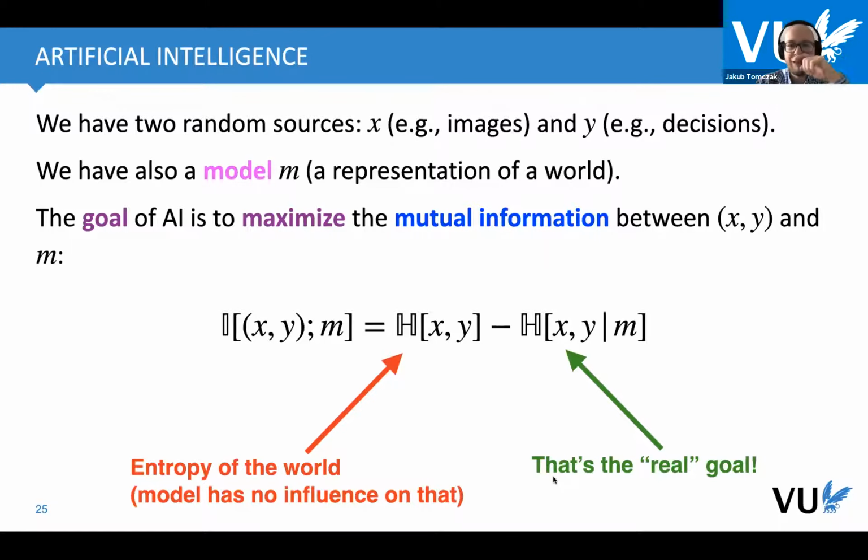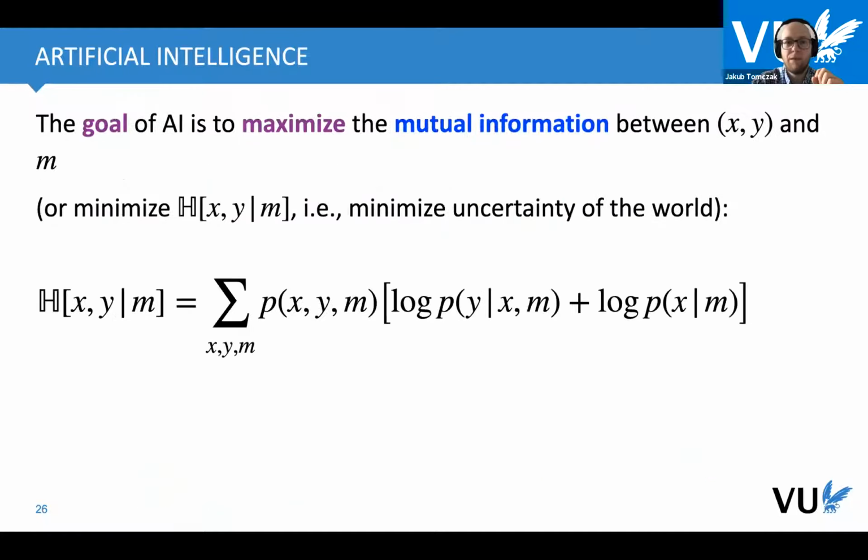And the second component here is the conditional entropy of states of the world for a given model. And we want to find such a model that will actually minimize this. So we want to maximize the whole thing, but because this is a minus, we want to minimize this entropy. We minimize uncertainty. This is the real goal of AI.